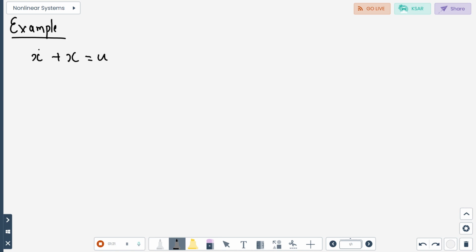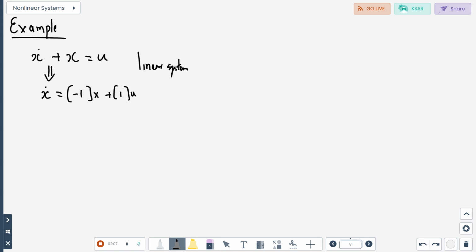We can put this in state variable form like this: x dot equal to minus 1 x plus 1 times u. There is only one element in each of the A and B matrices, and since the A matrix is minus 1, the eigenvalue is also minus 1. It's safe to say that this differential equation represents a stable linear system. So this here is our linear system.